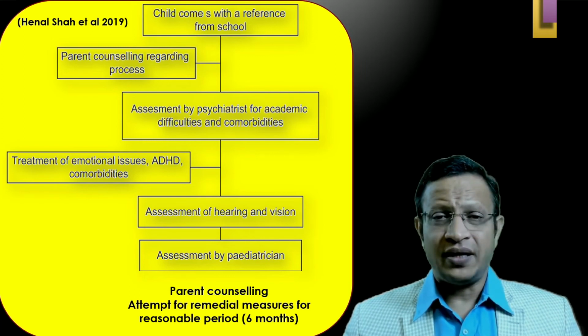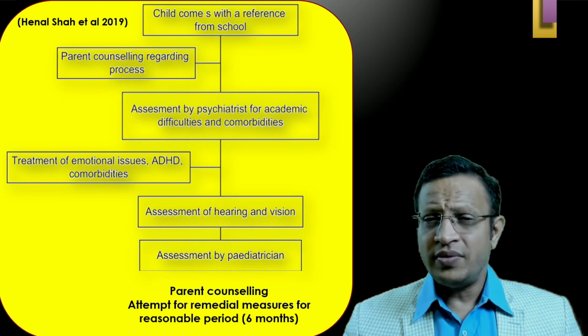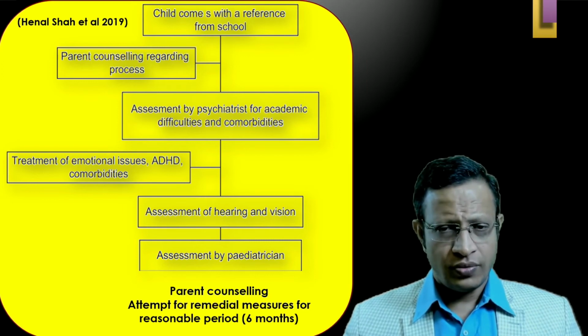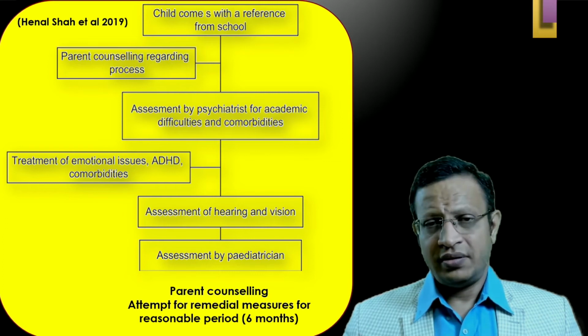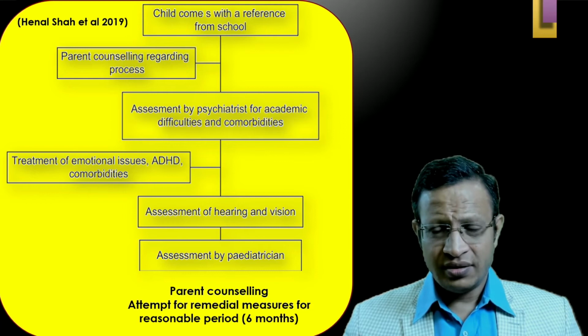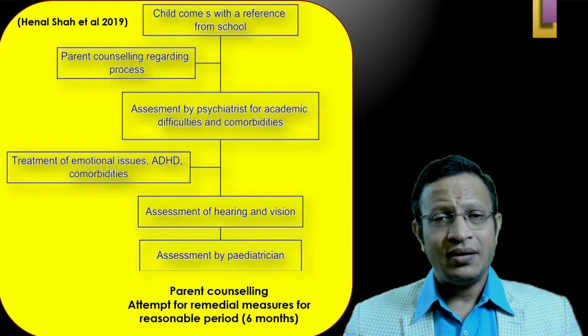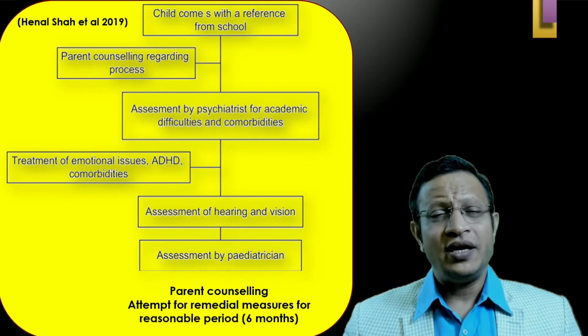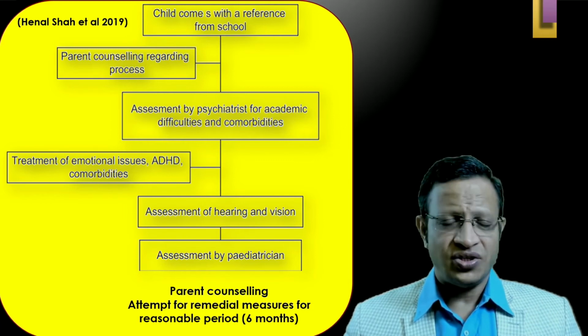Sometimes, if you suspect any kind of physical problems with the child, please do refer the child to a pediatrician also. Please remember, before you go for SLD certification, parental counseling and an attempt at a remedial measure for a reasonable period of 6 months is essential.